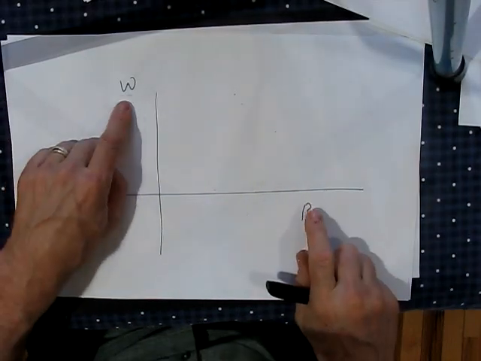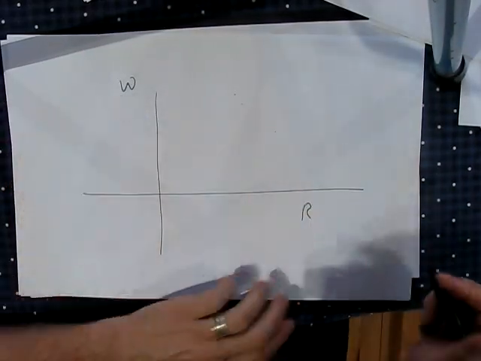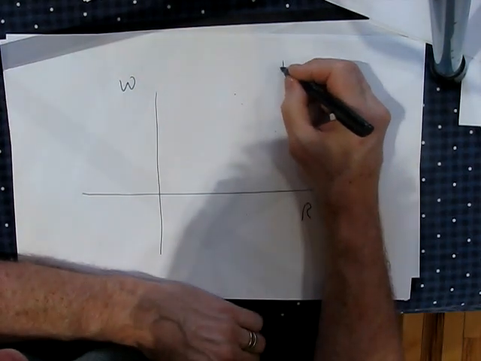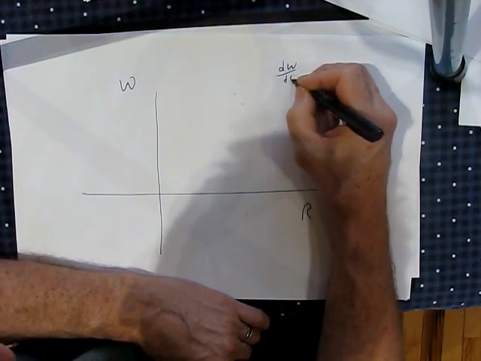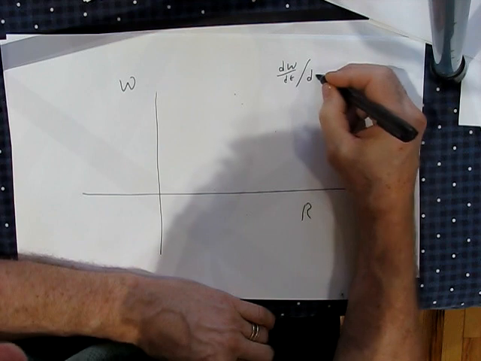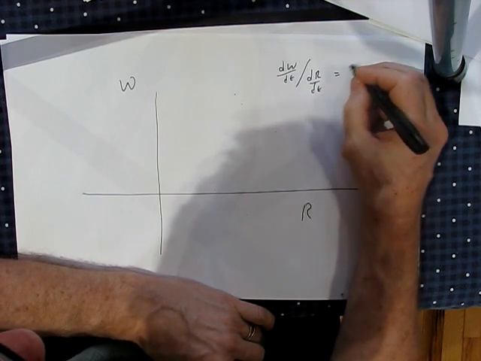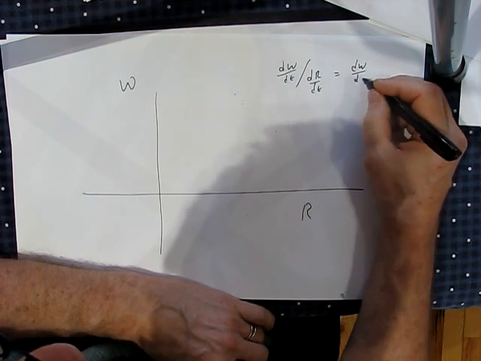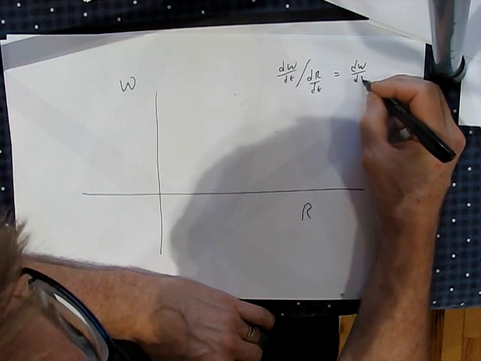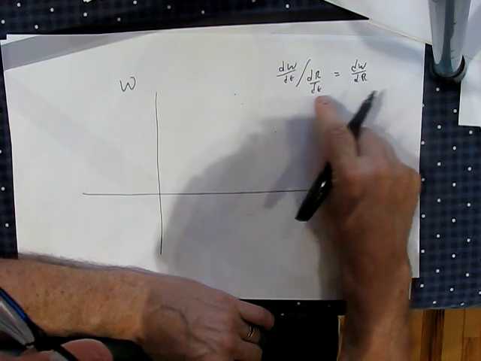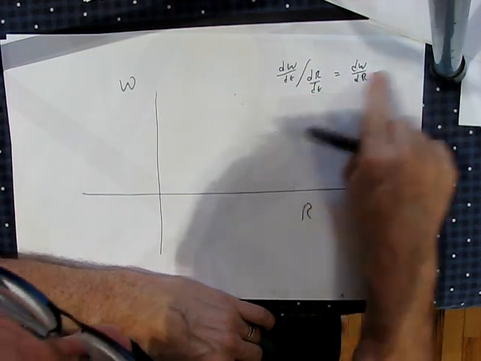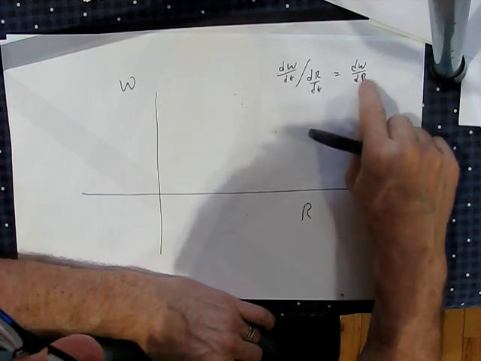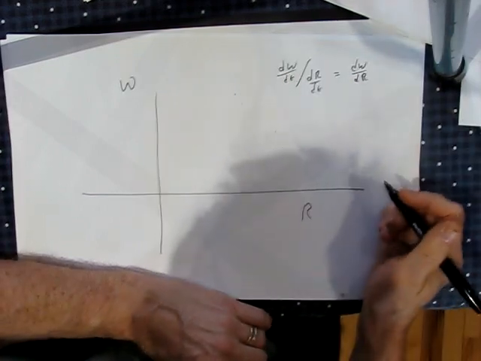Well, this is a W and R graph. I don't have time in here, so I do want you to notice that if I do dW dt divided by dR dt, it would be reasonable to call that dW dR. And in fact, this is a consequence of the chain rule. If you put the dR dt on this side, dW dR times dR dt is dW dt.